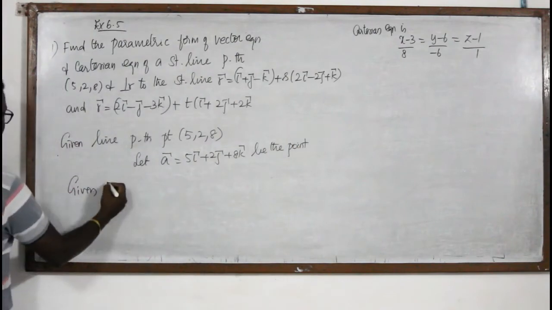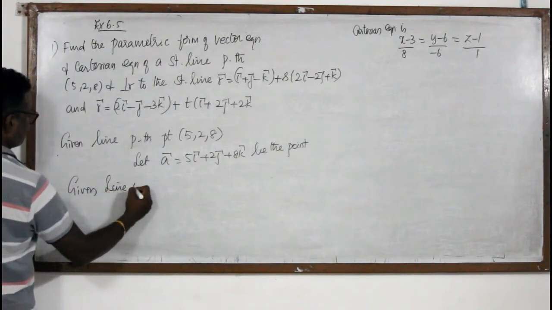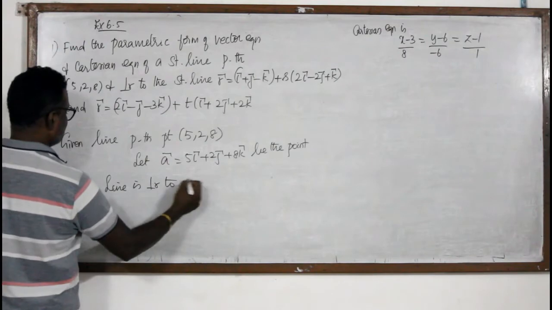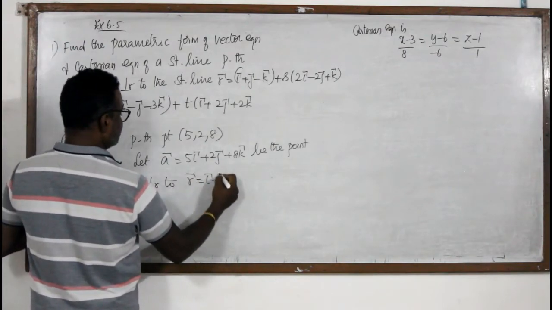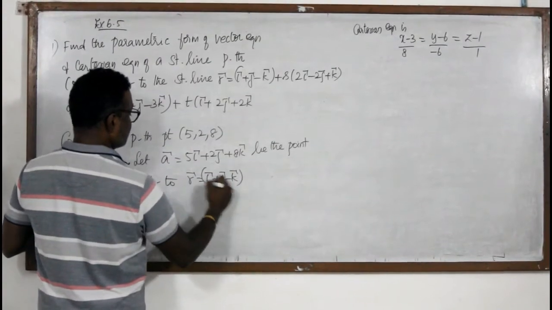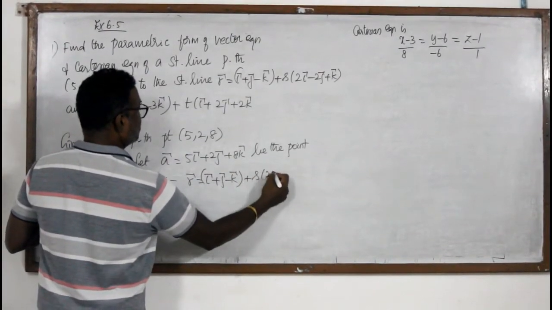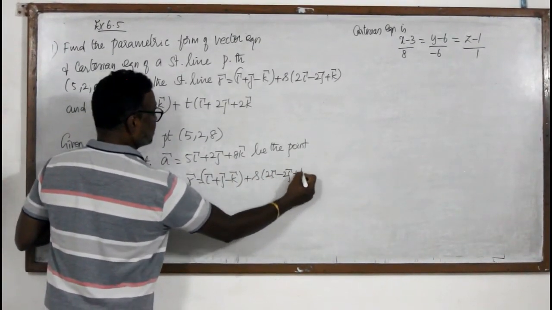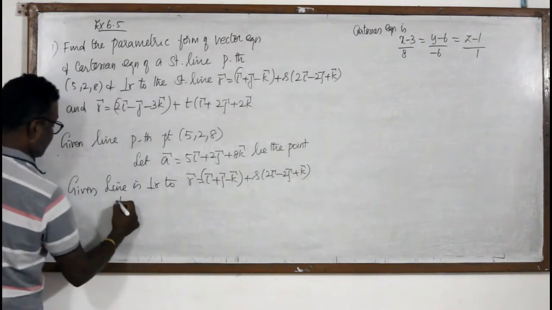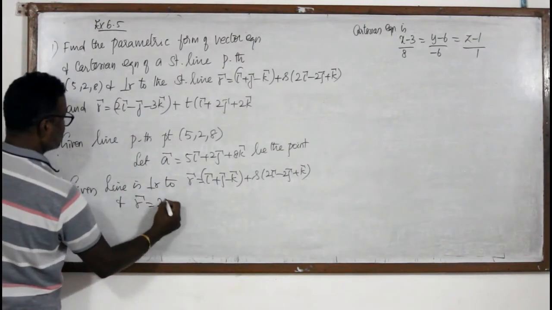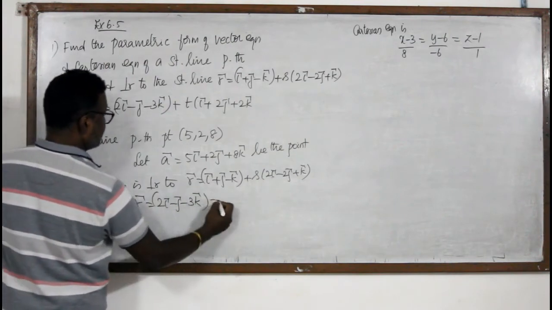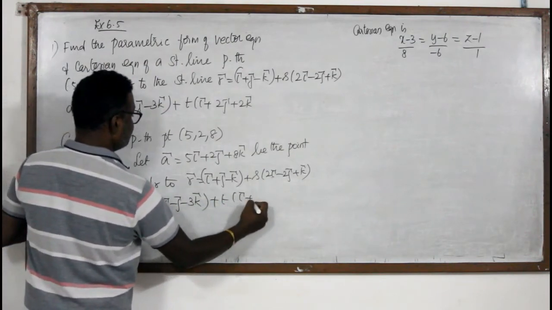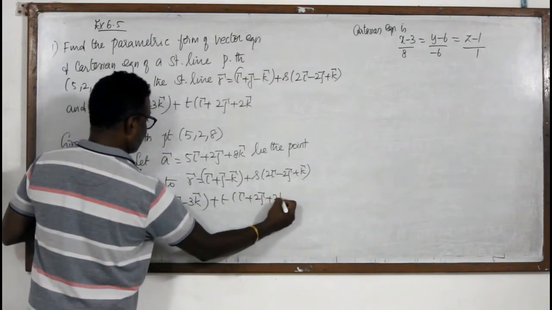Now, the given line is perpendicular to r vector equal to i plus j minus k plus s into 2i minus 2j plus k, and another line r vector equal to 2i minus j minus 3k plus t into i plus 2j plus 2k.